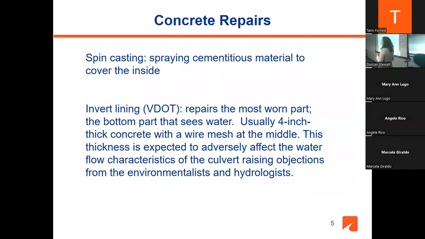And there are some concrete repair methods, and one of them is spin casting, spraying cementitious material to cover the inside, and also invert lining, where you can pour concrete in the worn area, but the thickness of the concrete will be 4 inches, and this thickness can cause some hydrological problems.